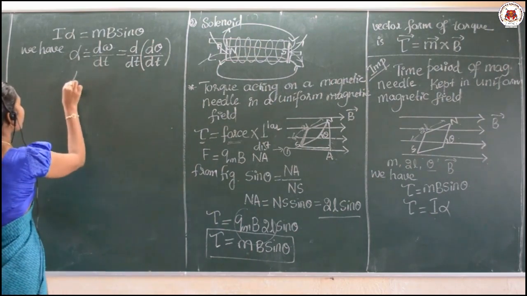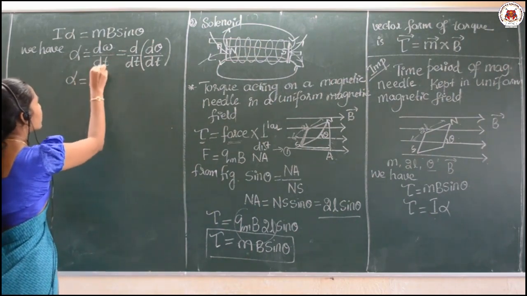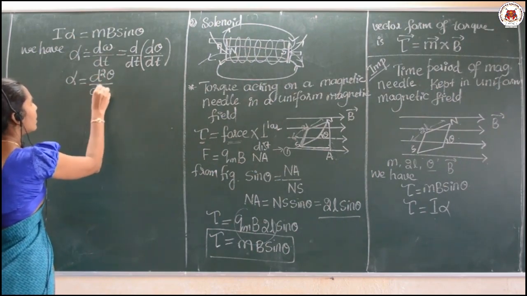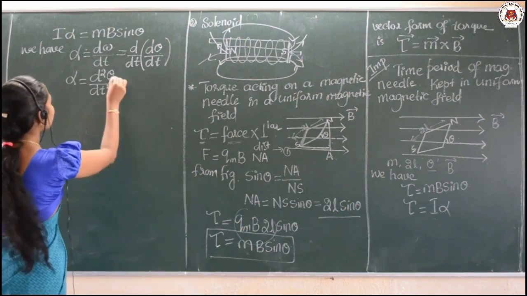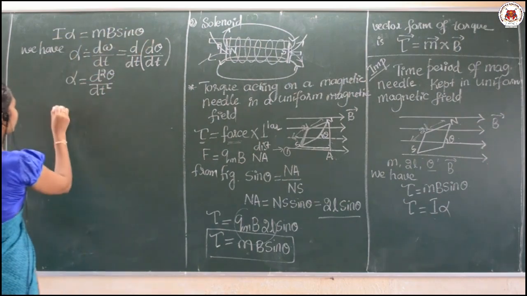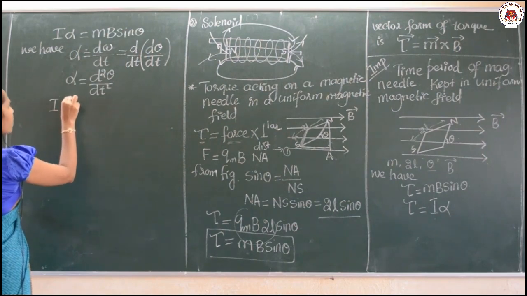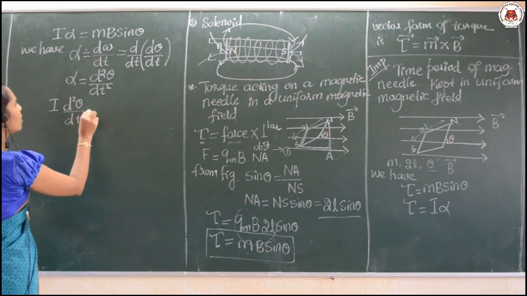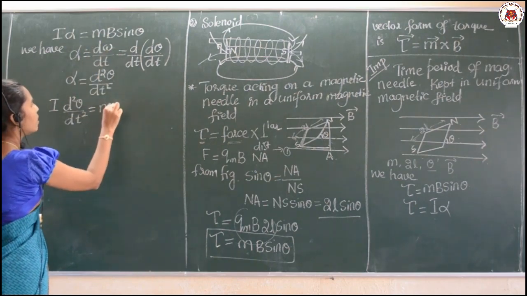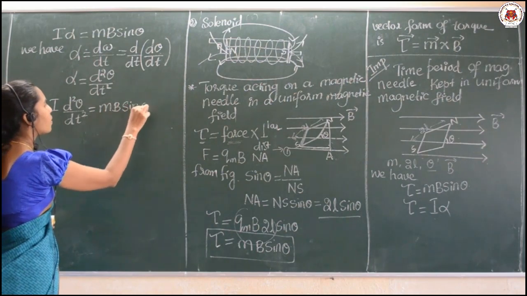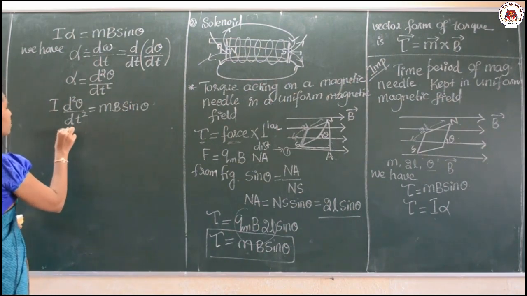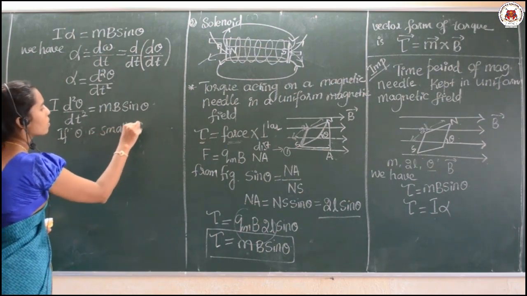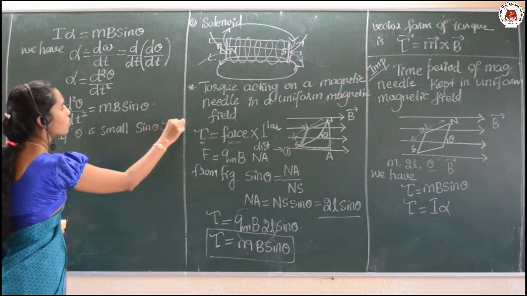Then alpha simplifies to d square theta upon dt square. Substitute this in the above equation, then I d square theta upon dt square is equal to mB sin theta. And here if theta is small, sin theta approximates to theta only.